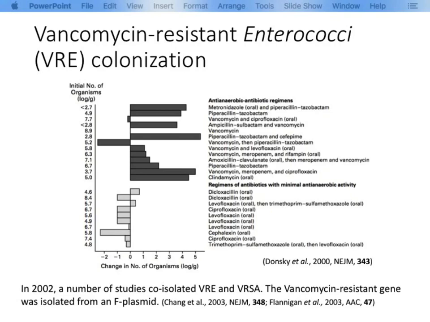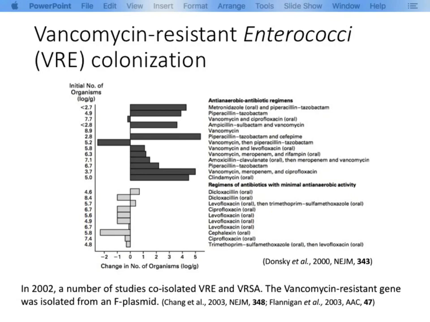What they're looking at here is how the numbers of vancomycin-resistant enterococci change per gram of feces in individuals being treated with these different antibiotics. And what we find is that with vancomycin-resistant enterococci, or VRE, we can break down these antibiotics by whether they target aerobic or anaerobic microbes.